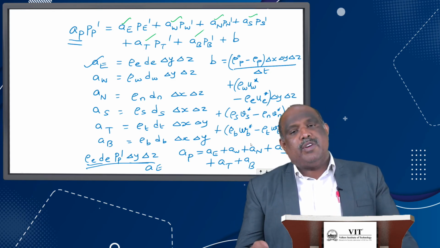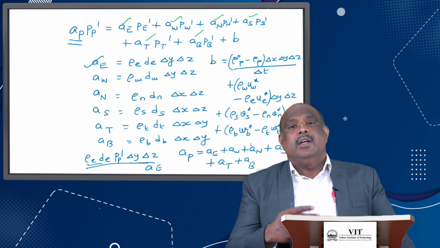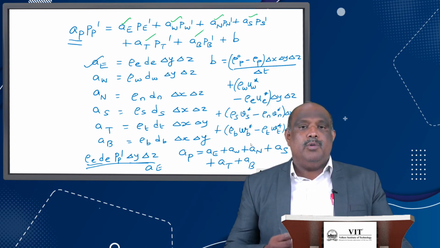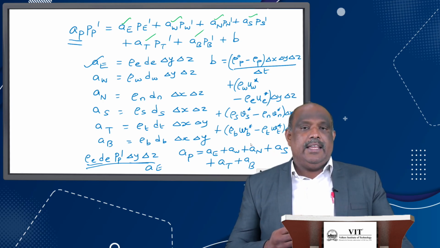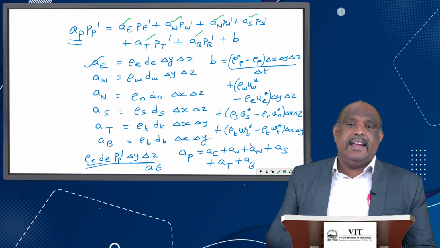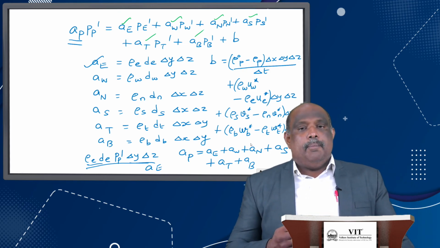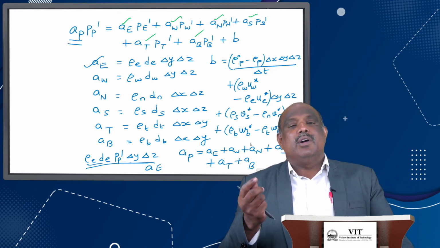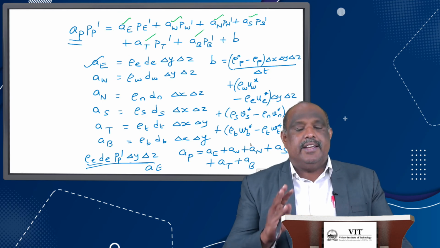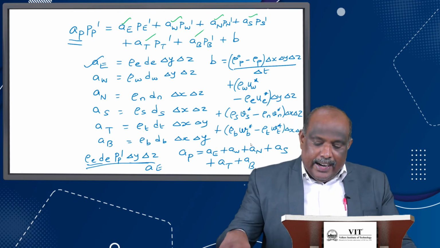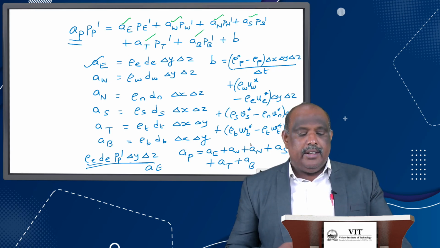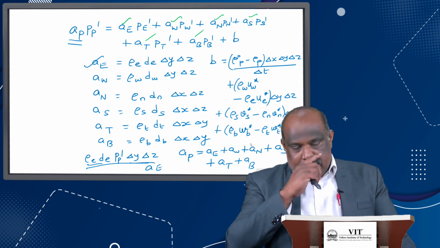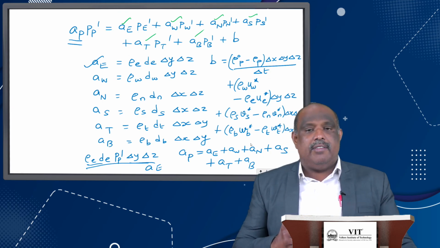If you apply the same approach to U momentum, you will be able to appreciate how we got that equation. In the beginning of the class, AE UE equal to sigma ENB UNB plus B, plus one more term, that is because of the pressure term, which is not required here. So ultimately from this page, you will be able to get the value of Pp dash. Ultimately, we will end up with the value of what?